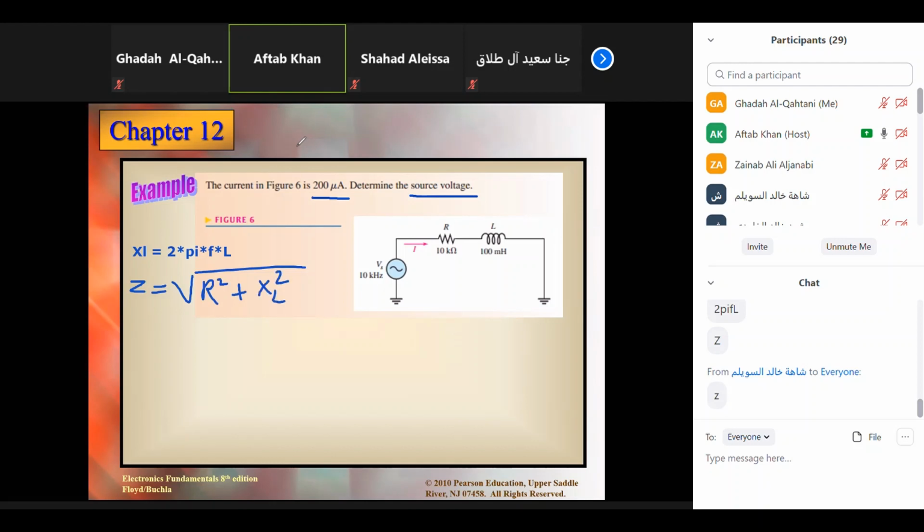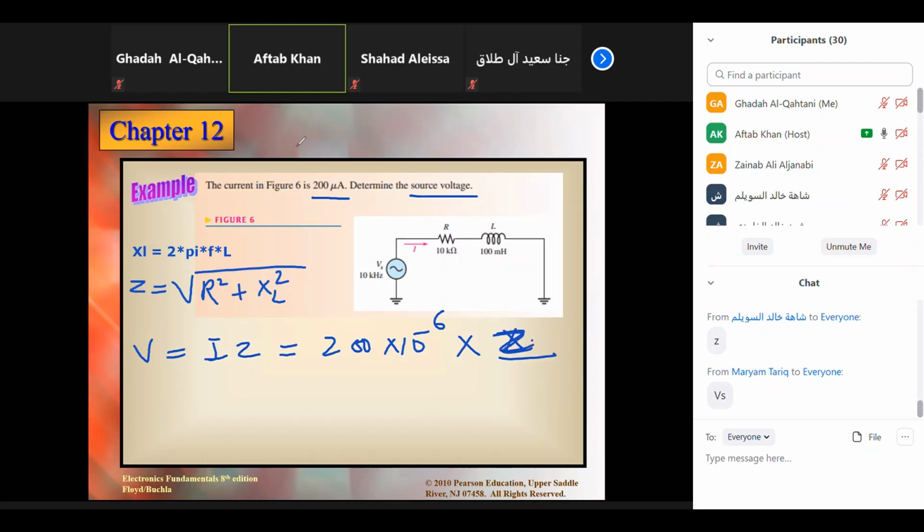By the way, it would be the same for XC squared or XL squared. So calculate Z. After calculating this, I need to calculate the source voltage. V is equal to I into Z. So I we have been given already, 200 times 10 raised to the power minus 6, and then we will put in the value of Z. That's it. Then I can get this. Okay, so these types of questions are there.